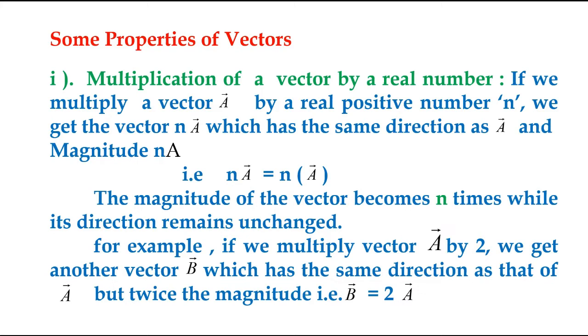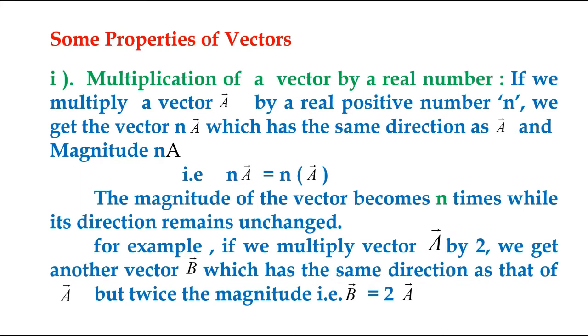The magnitude of the vector becomes n times, while its direction remains unchanged. So only the magnitude changes when you multiply the vector with a real positive number. For example, if we multiply vector a bar by the number 2, we get another vector b bar which has the same direction as a bar, but twice the magnitude.